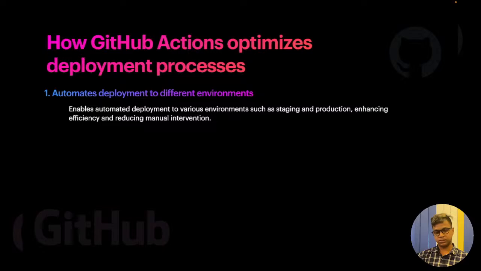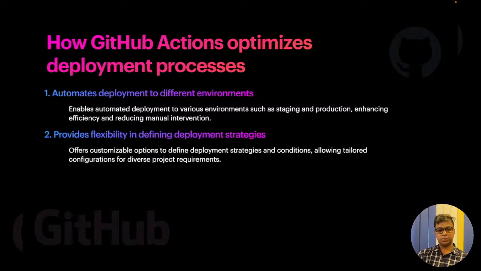So what we can do is, when a pull request comes to that environment and merges, it will automatically deploy, and it will be much easier for developers because they don't have to work on deployments anymore. So they can focus on coding and checking the developments.